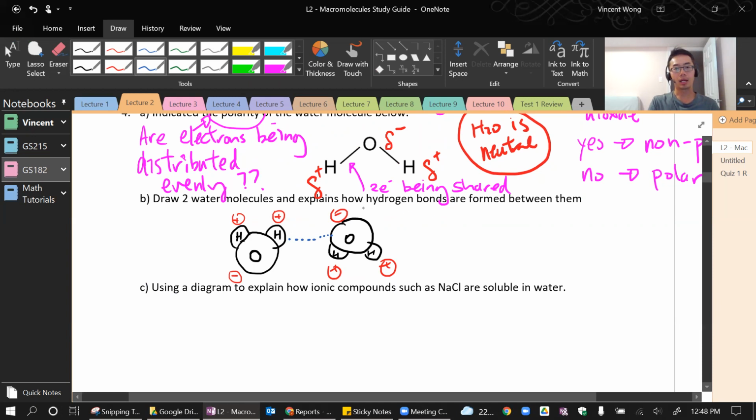So a hydrogen bond is basically an attraction between two water molecules, where the slightly positive hydrogen of one water molecule is attracted to the slightly negative oxygen on another water molecule.